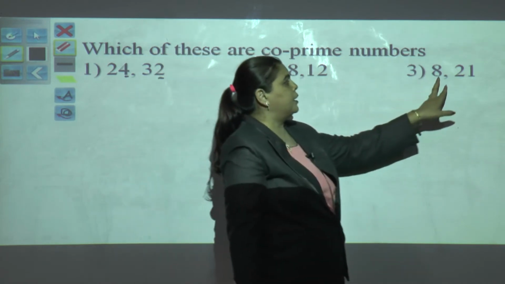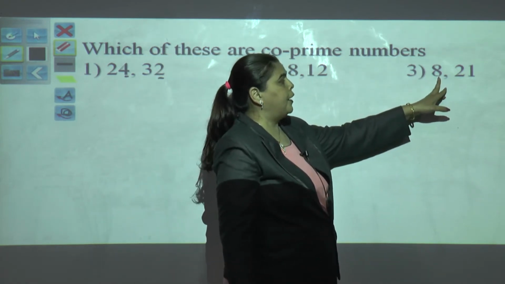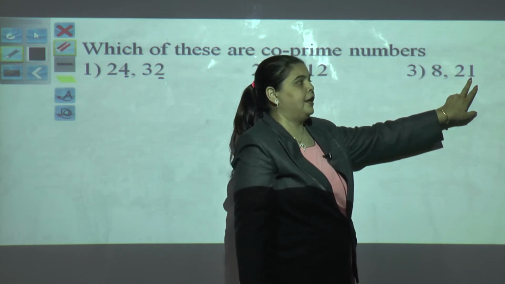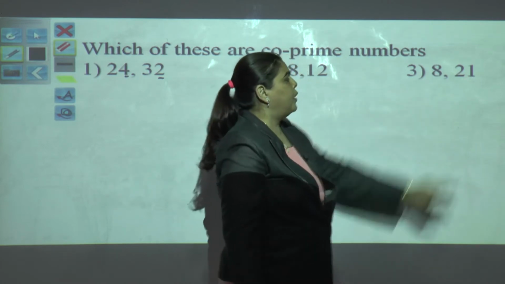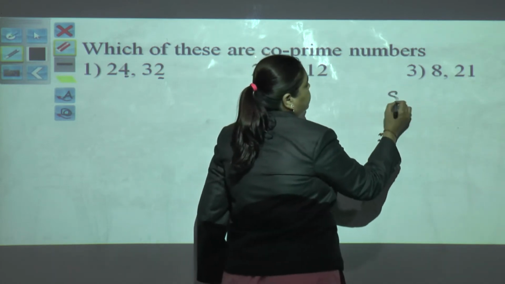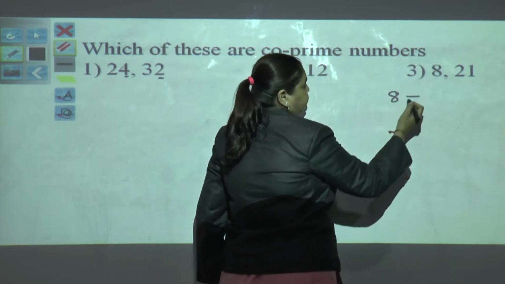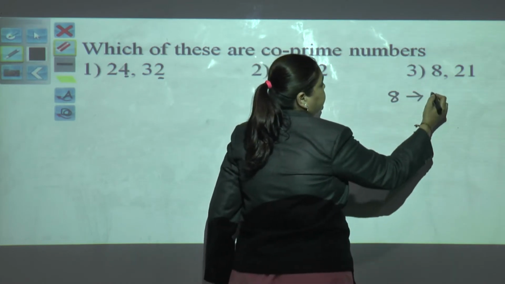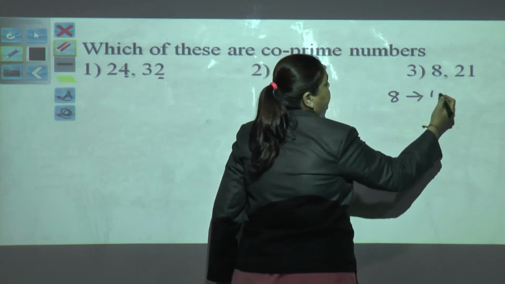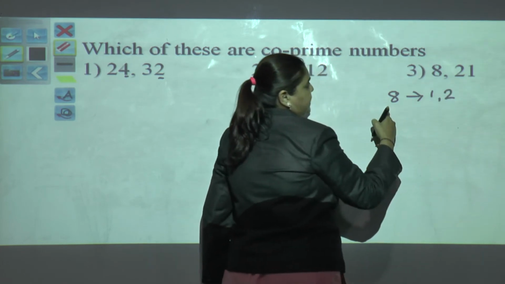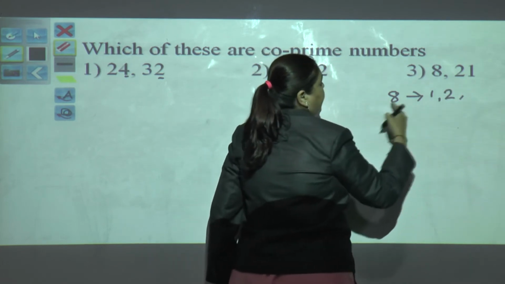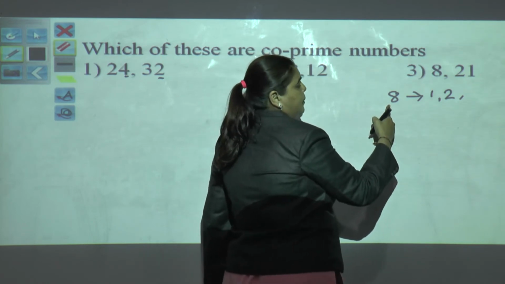Now we will see here 8 is an even number but 21 is not even, it's odd. So we will try to find the factors of 8. What are the factors of 8? 1. It can be divisible by 2 because it's an even number. Then can you get 3's table for 8?